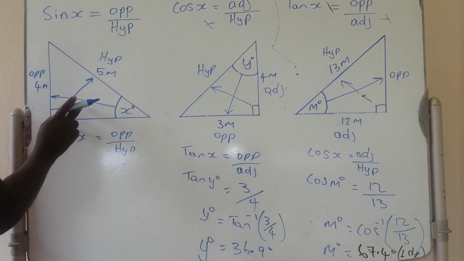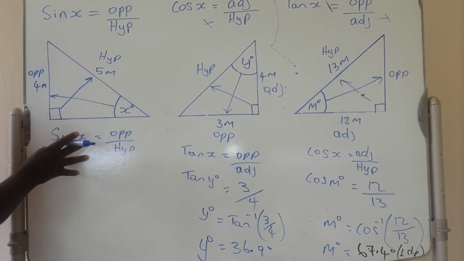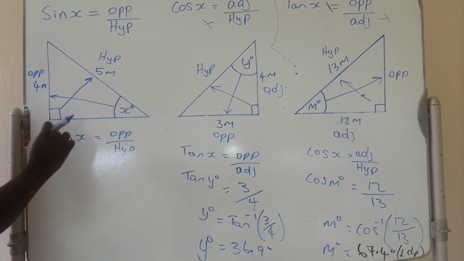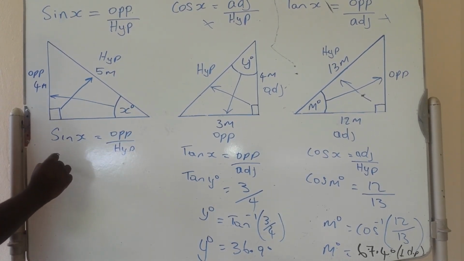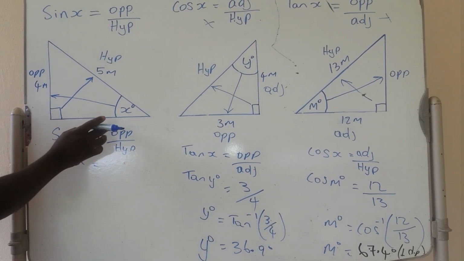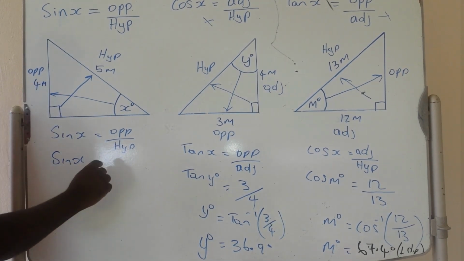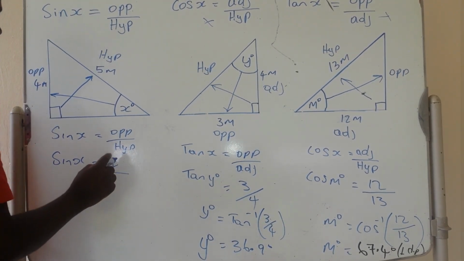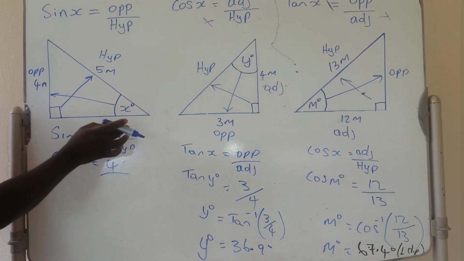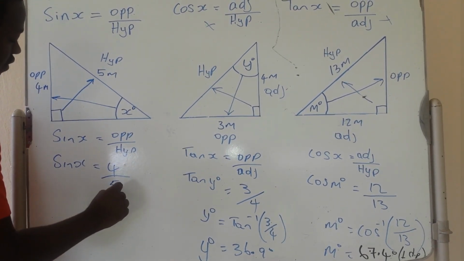What we're just going to do is fill out this formula with the information that we're given. So sine x is equal to opposite. What's the opposite length here? It is 4 meters, so this is 4 all over the hypotenuse length, and the hypotenuse length is 5, so this is 5.